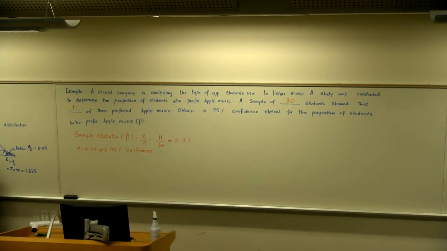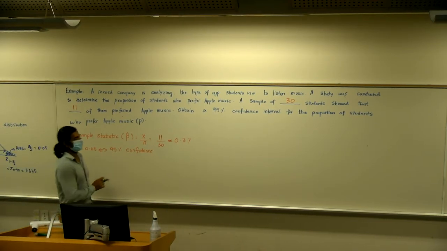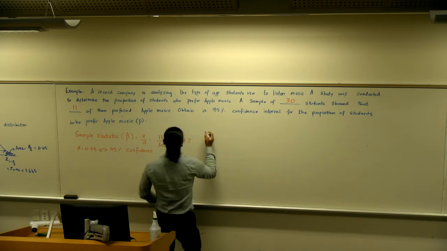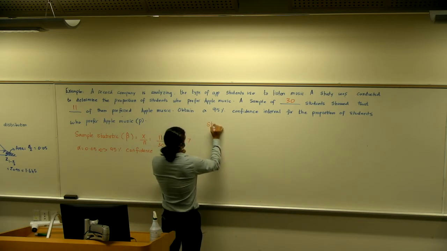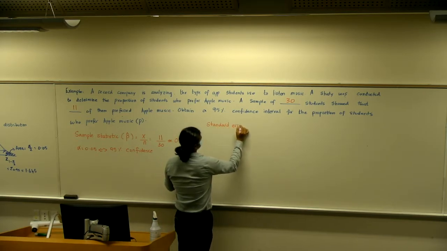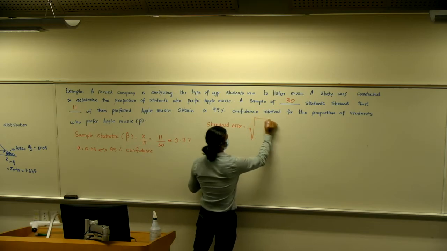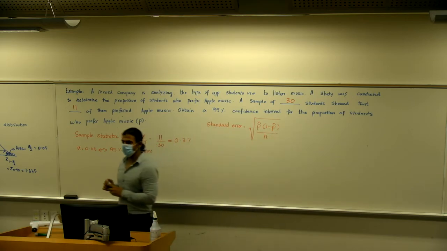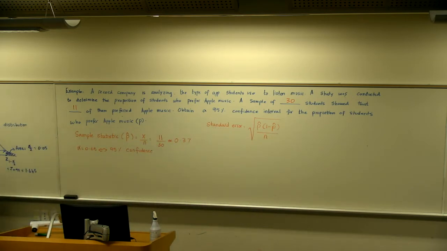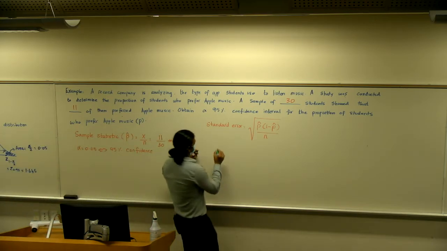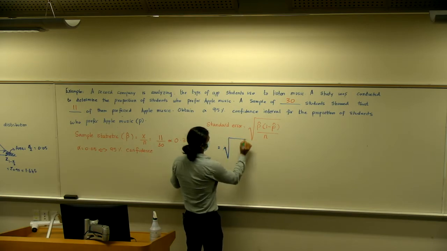What is the next step? The next step would be to find the standard error. The standard error in this case is the square root of p hat multiplied by 1 minus p hat, divided by n. What is p hat?